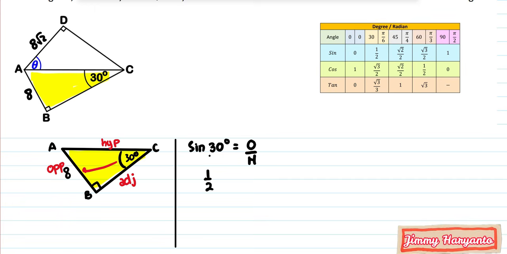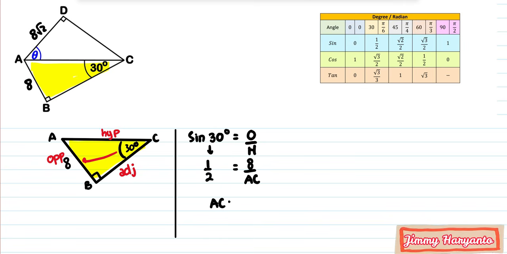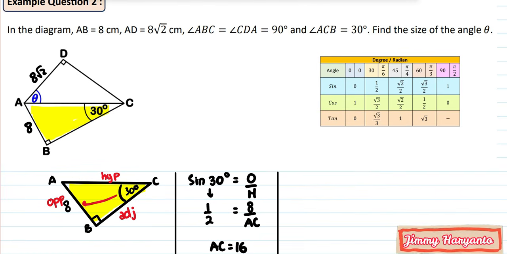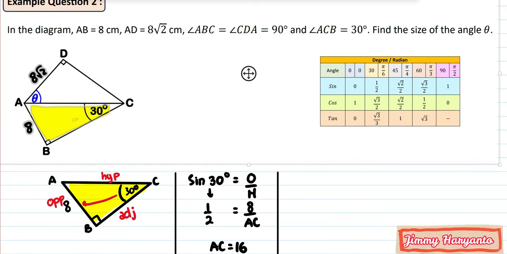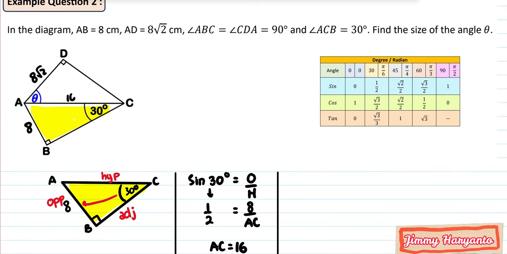Sine 30 is 1/2 from the table, equals opposite is 8, and hypotenuse we don't know yet, but you can label it as AC. Then we cross multiply, we have AC equals 16. So we already have AC. Now that we have AC, next, I think we have to see this triangle.